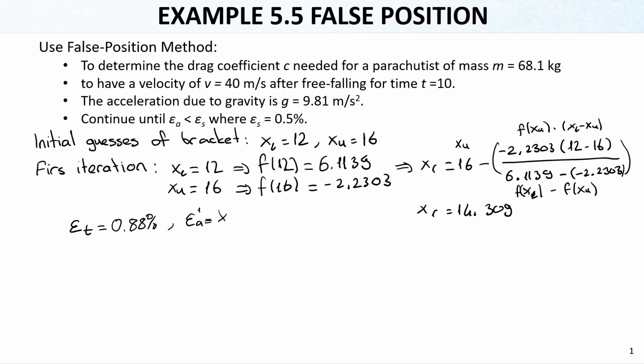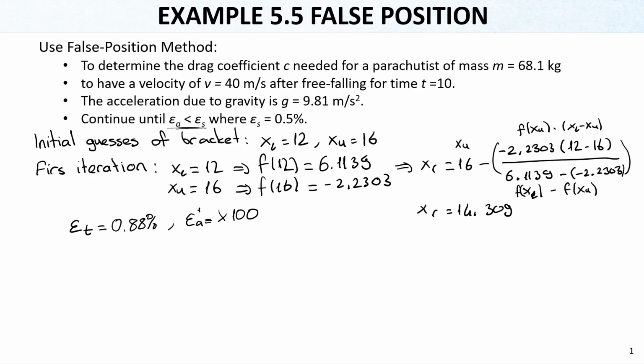If you are writing an algorithm in MATLAB, for example, you can make this a very large value. So the first epsilon A will be, for example, 100, a big value, so that it doesn't stop at the condition.